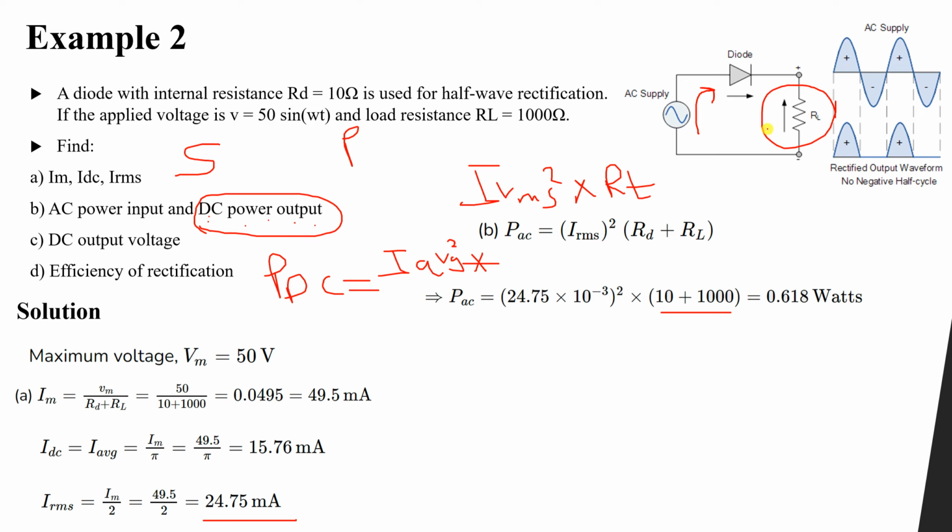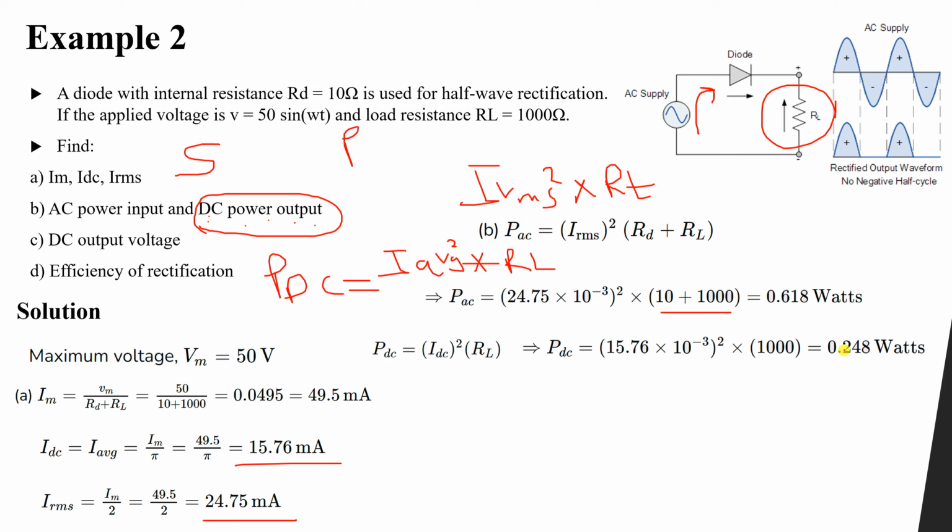So the average value squared multiplied by RL gives us this value. You can see here the power coming from the supply, active power, is 0.618 watt, and only 0.248 of this is converted into DC.